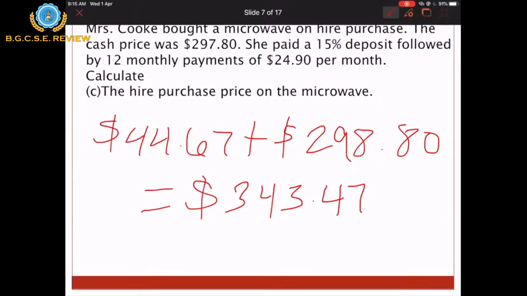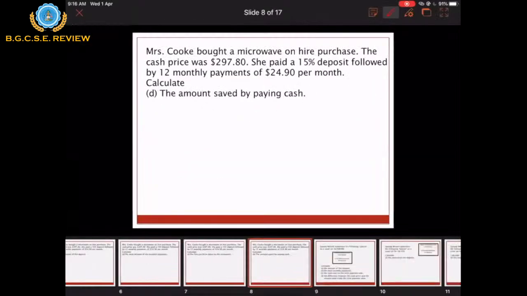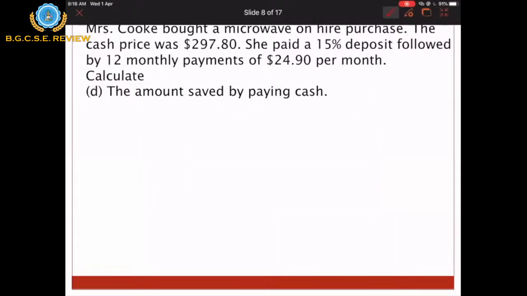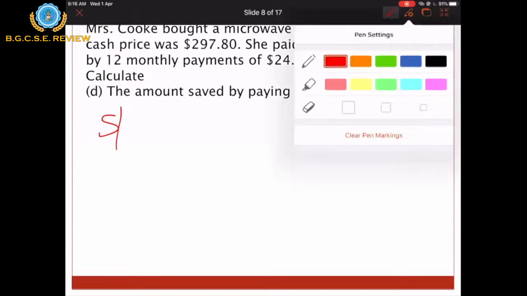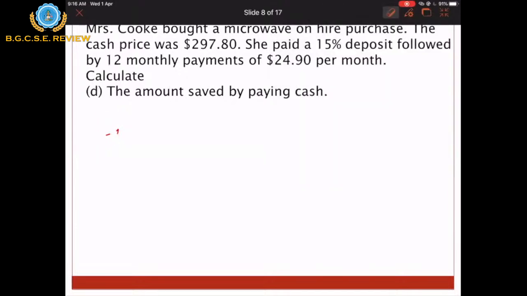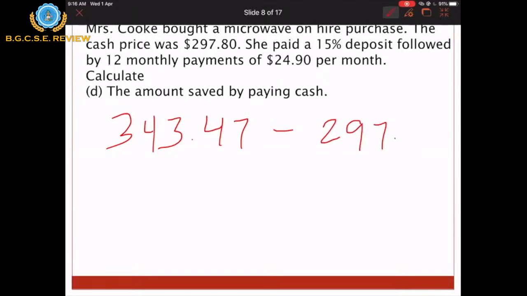And then to finish up, to answer the last part of the question, how much money can be saved by paying cash? And remember, it's always going to be cheaper or more cost effective to pay cash, but sometimes that's not an option. So to find the difference, we take our hire purchase price, which was $343.47, and subtract from that the cash price, $297.80.